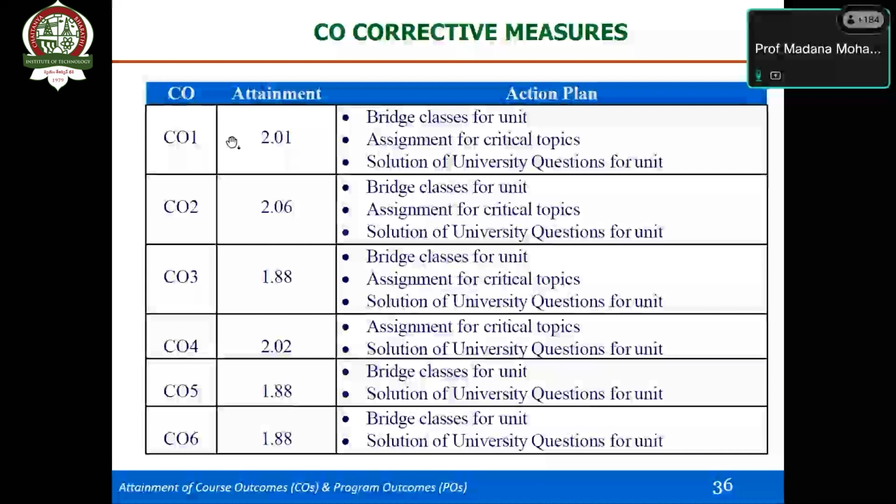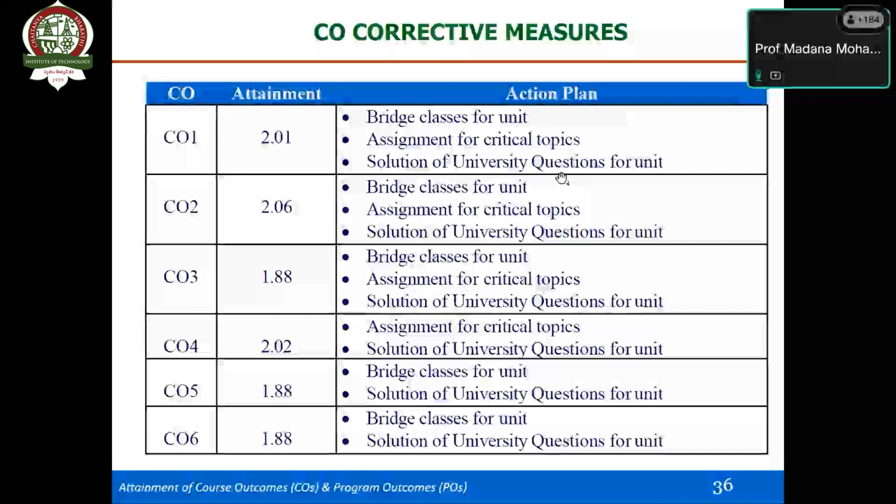So in this particular CO that is related to unit 1, let us assume, if it is theory or problem based, or if it is practical based, more experiments need to be conducted. If it is problem based, more problems need to be solved. For example, bridge classes or remedial classes for that particular CO related unit or chapter, or you have to give assignments with some critical topics.